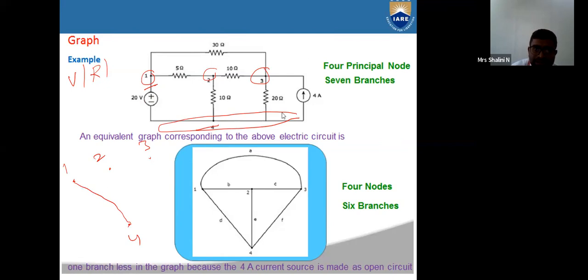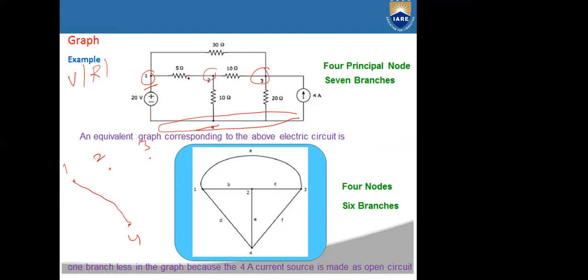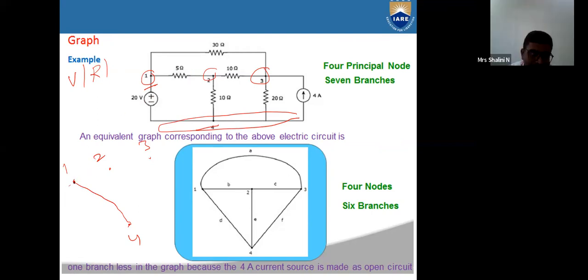Coming to the next one, between the first node and second node, how many elements will be there? Only one resistor, which is a passive element, so short circuit this one. Next, second node to third node, a 10 ohm resistor, short circuit this one.